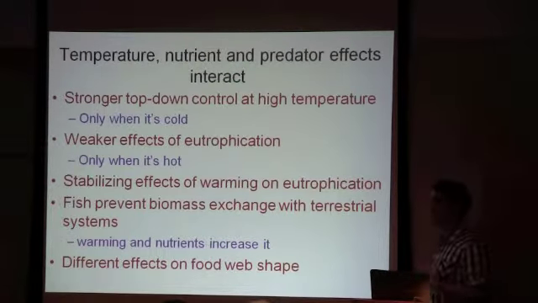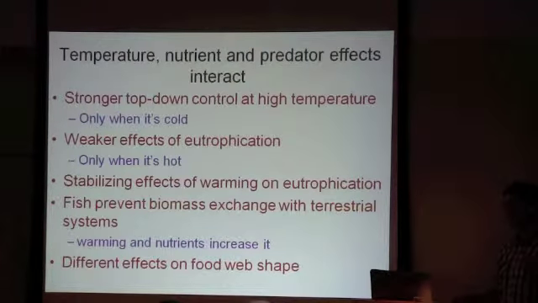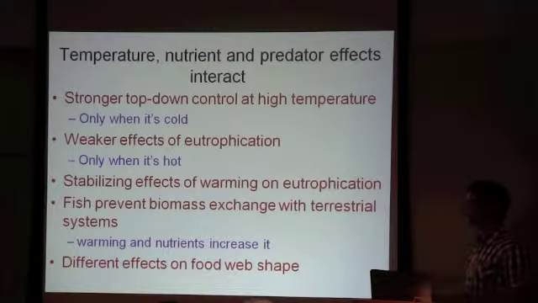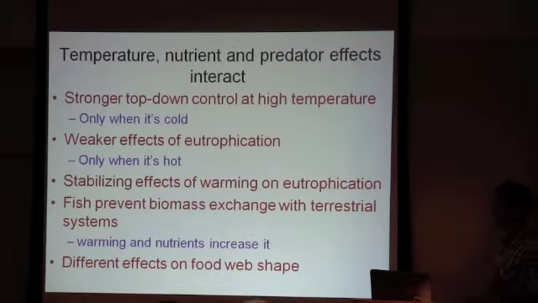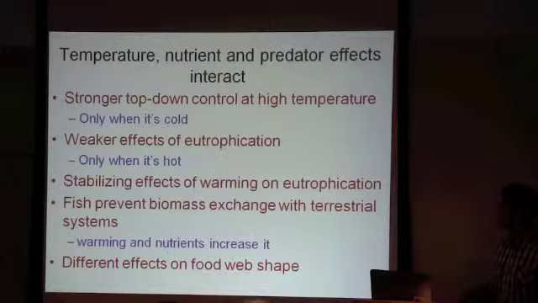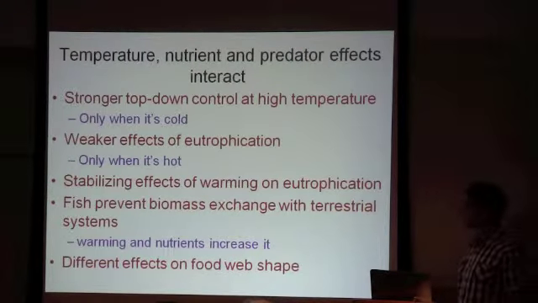We saw less violent, dramatic phytoplankton blooms and crashes at higher temperature rather than at lower temperature, which was surprising. One of the effects of warming often is an increase in outbreaks of things like cyanobacteria, and we did not see that.